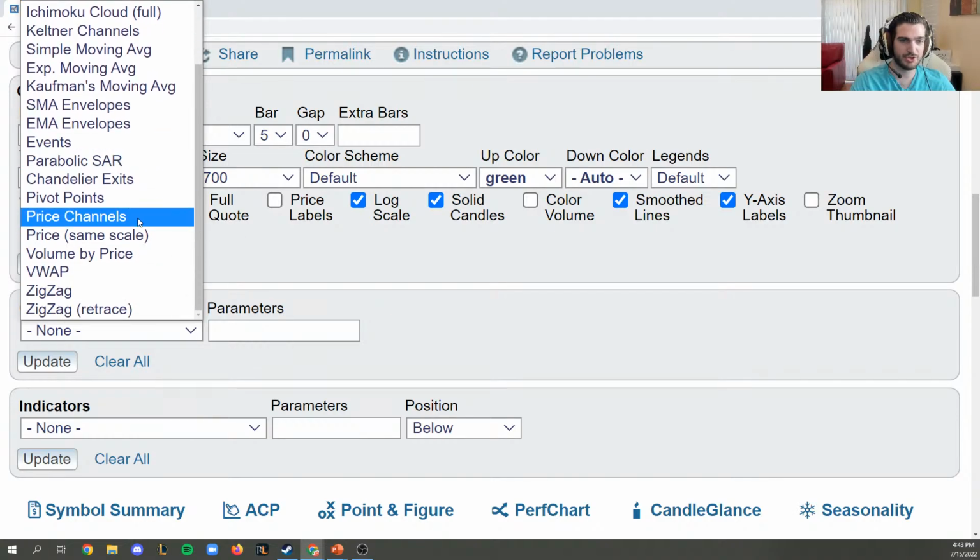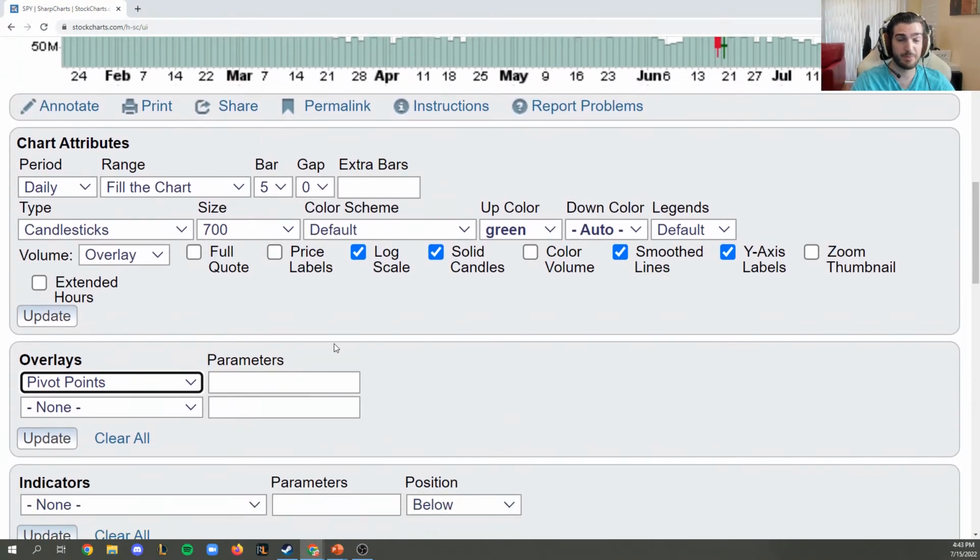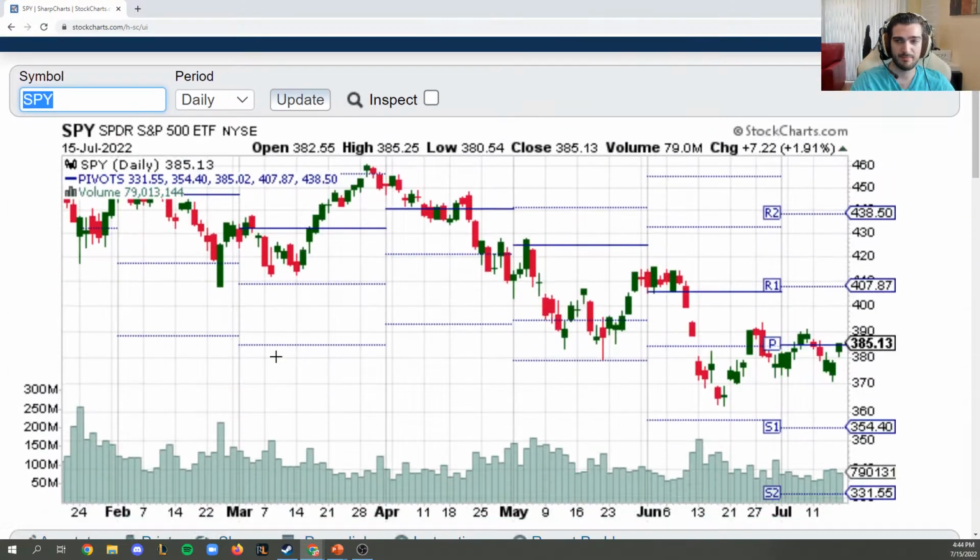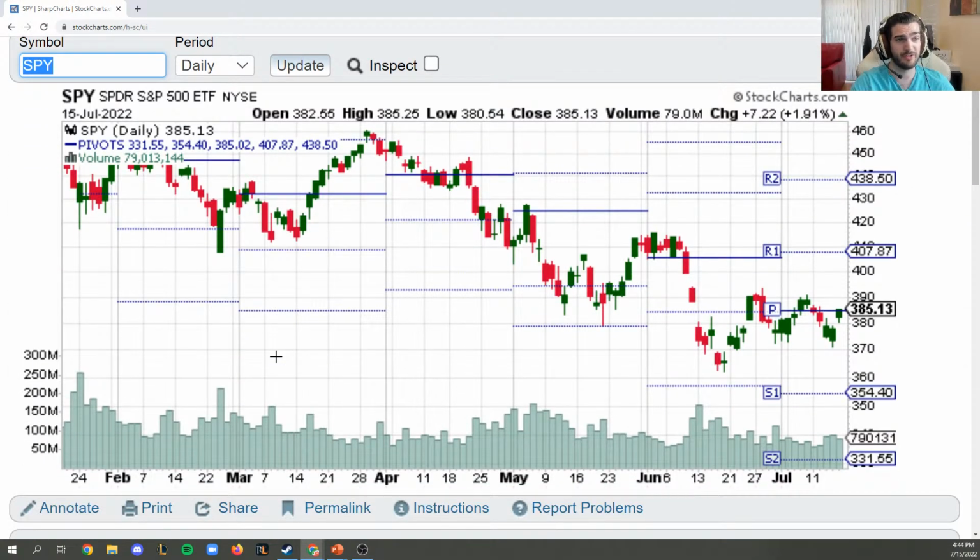The last one I want to show is pivot points. This is probably one of my favorite ones, because pivot points allows us to see support and resistance barriers. One of the biggest advantages of point and figure are these support and resistance barriers, and being able to see periods where we break above a resistance barrier or we fall below a support barrier.